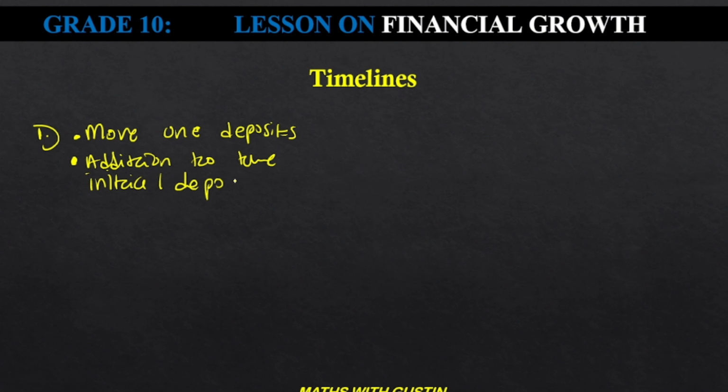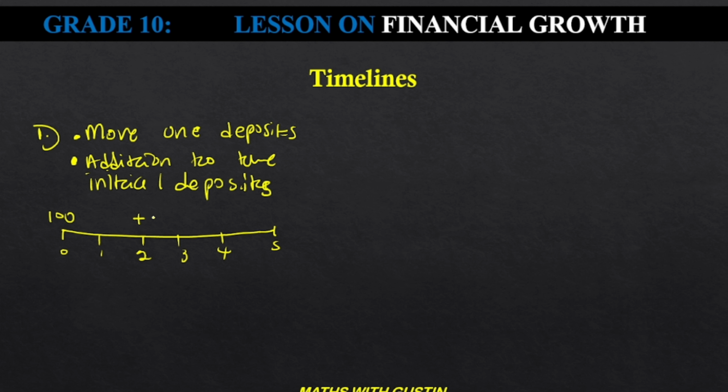Let's say for an example, you deposit over a 5 year period. You start, and in 5 years' time, there you go, you deposit 100 rand.